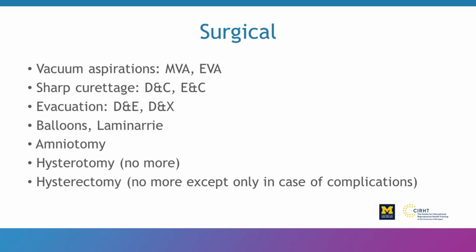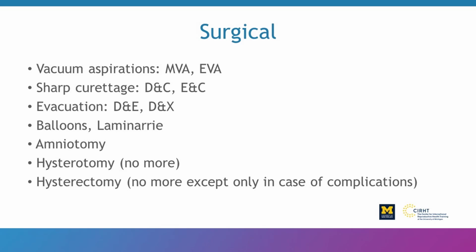So these are the different options of surgical methods in termination of pregnancy. We have aspiration methods, which could be manual or electrical vacuum aspiration, or sharp methods like D&C, or dilatation and evacuation, or we can insert balloon catheters to cause cervical opening, or do rupture of the membranes, or hysterotomy or hysterectomy.